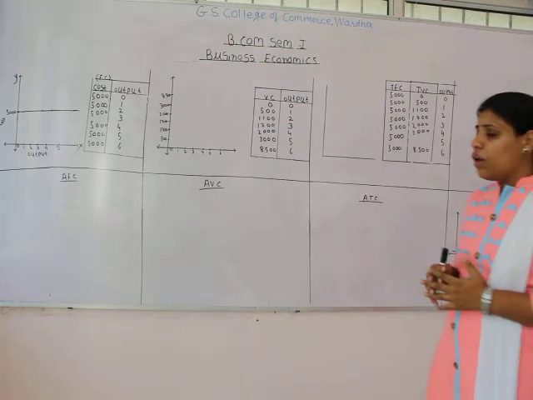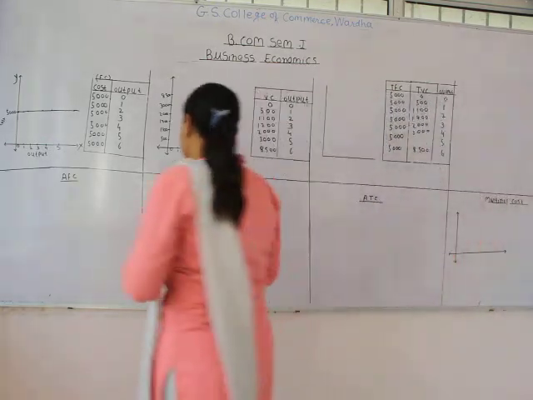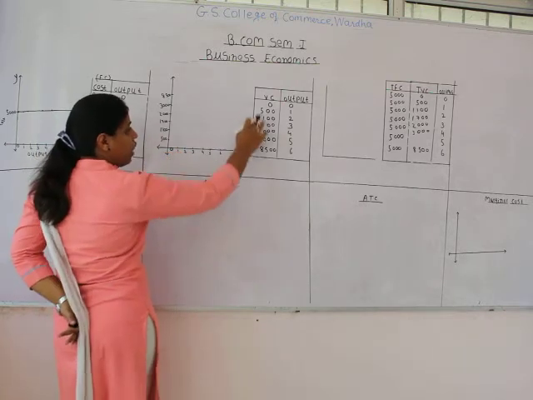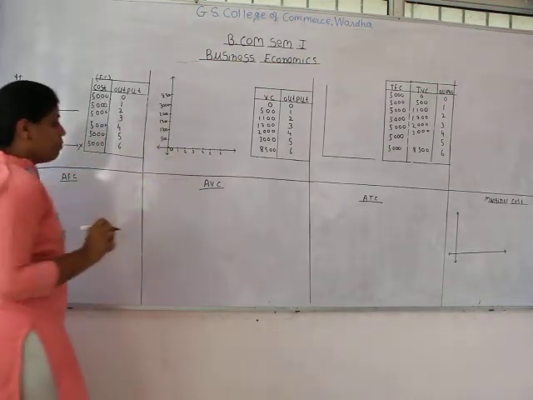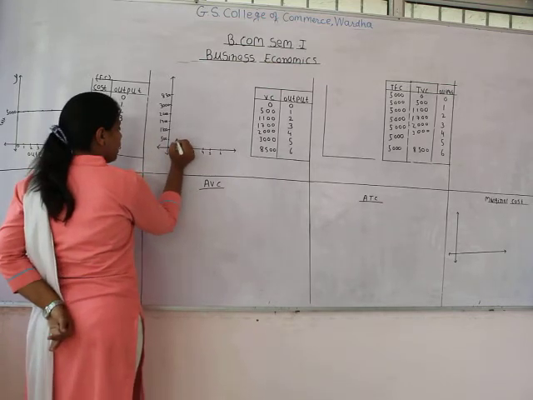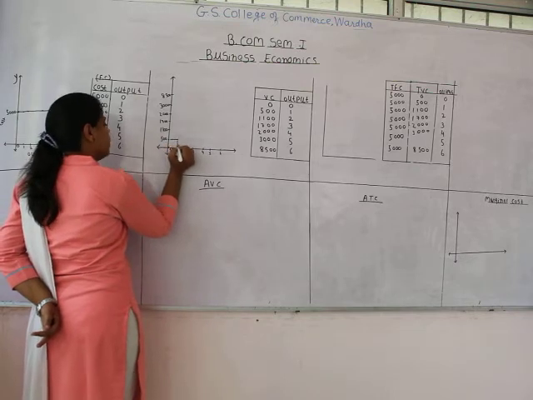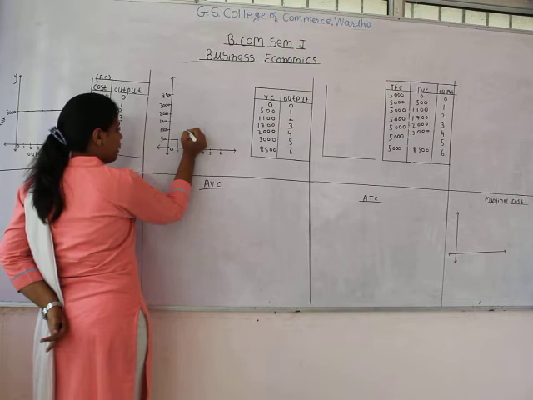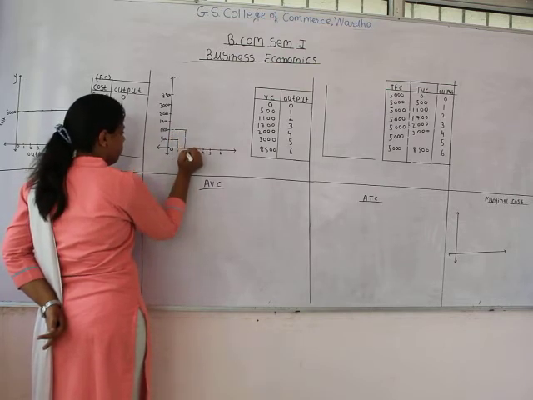So let's see how it behaves in the short run. When you are considering output is 0, at this point your variable cost would also remain 0. When your output is increasing to 1, your variable cost is getting 500, so it will come at this point. When output is further increasing to 2, it's becoming 1100, so it will be on this point.